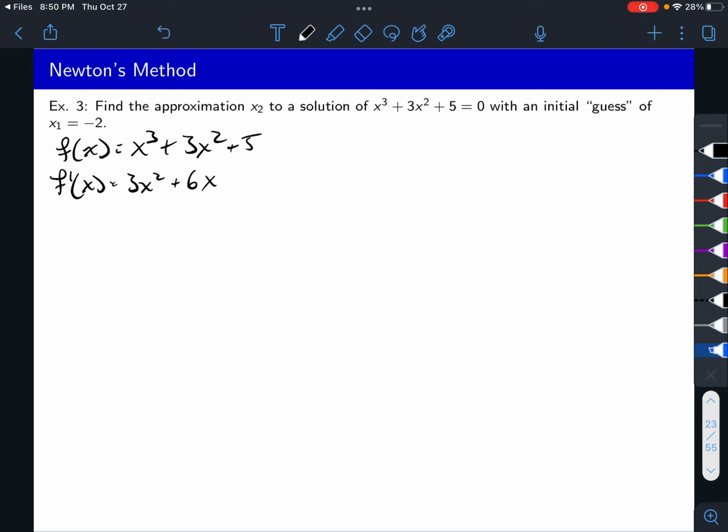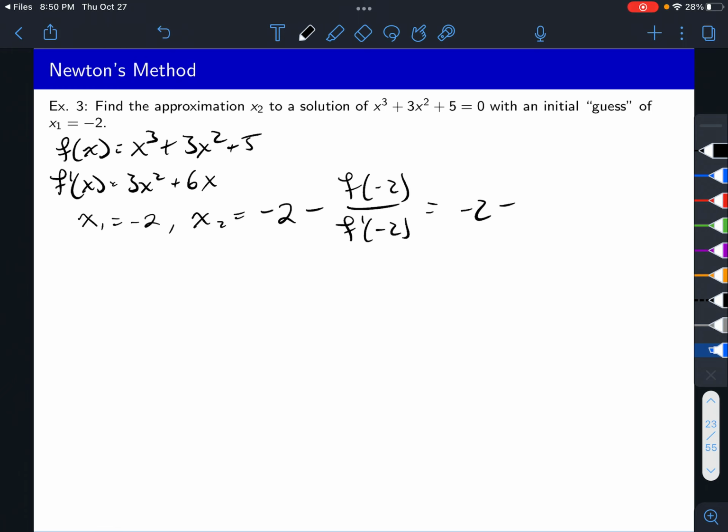All right, so if x1 is equal to -2, then what would x sub 2 be equal to? It would just be our previous x value minus f of -2 over f prime of -2.